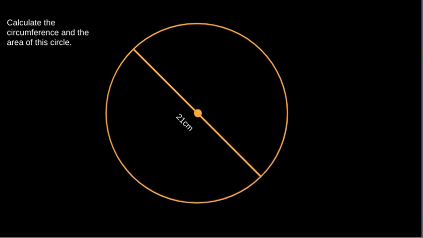Remember, the formula to calculate the circumference of a circle is 2 pi r, as simple as that, or pi d. That's the circumference of a circle. And then the area of a circle equals pi r squared. So you can use this formula to calculate this. I will pick it up from here in the next video.